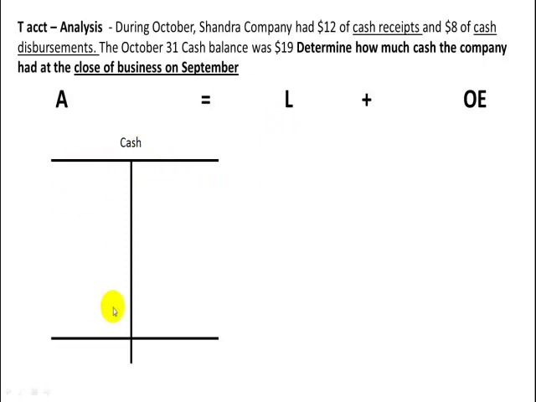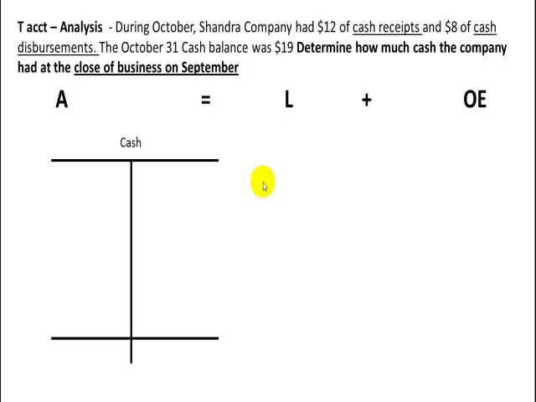We're analyzing a T account for cash, which is an asset, and you should know that this asset is increased with debits, decreased with credits. So let's see. It says during October, Chandra Company had $12 of cash receipts and $8 of cash disbursements.